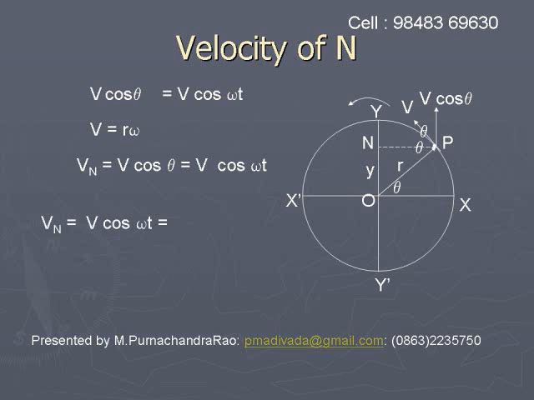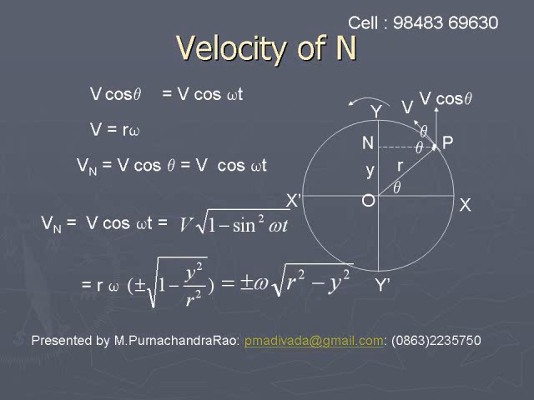That is equal to v into square root of 1 minus sin square omega t, since cos omega t is square root of 1 minus sin square omega t. Let us substitute v is equal to r omega and sin omega t is y by r. Hence we will get Vn is equal to r omega into plus or minus square root of 1 minus y square by r square.